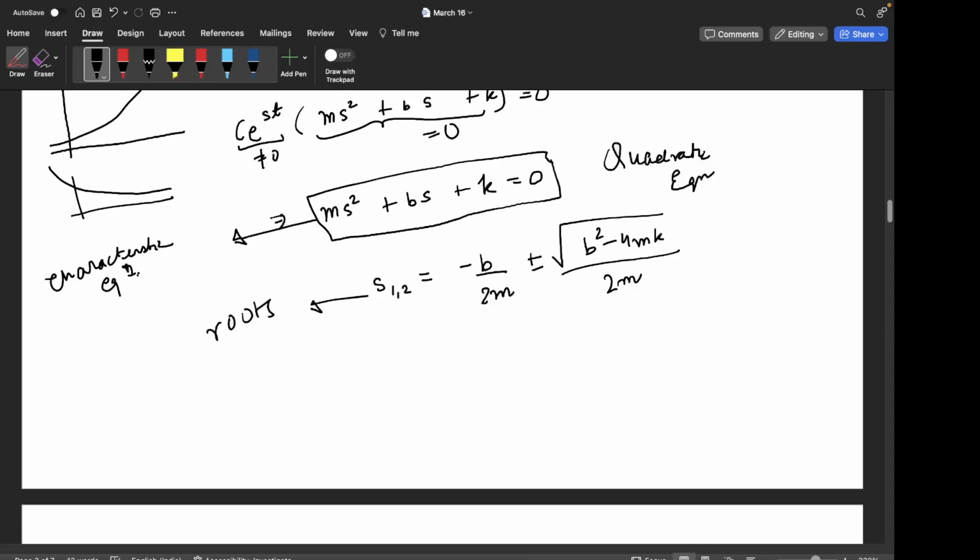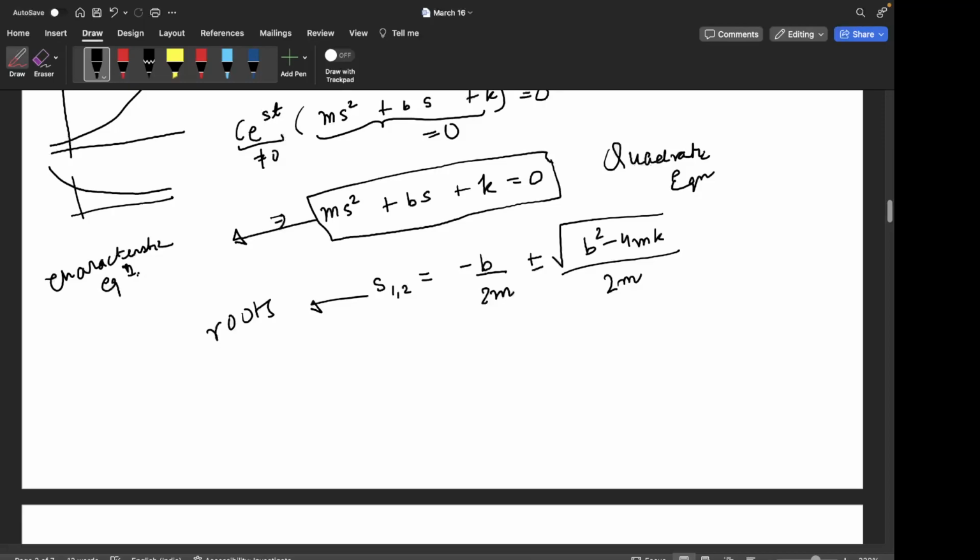So the roots. Now, whenever we solve a quadratic equation, there are always three cases which can arise, and those three cases are based on the type of the roots. If the roots are unique and not equal to each other, then there are two different solutions, right?